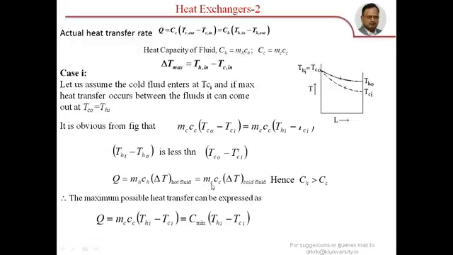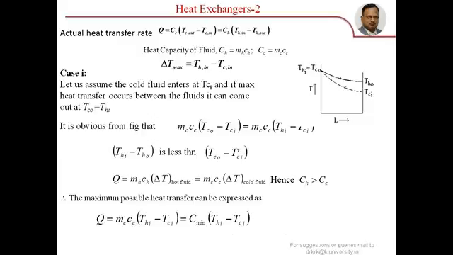Otherwise, this equation will not be satisfied. So, I will repeat, the fluid which is subjected to maximum temperature difference is the minimum heat capacity fluid. It's a very important statement. Please remember, the fluid which is subjected to maximum temperature difference is the one with minimum heat capacity.